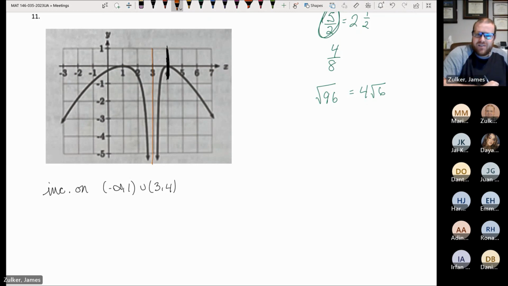You see that? So 3 acts as like a dividing line between the 2 graphs, right?